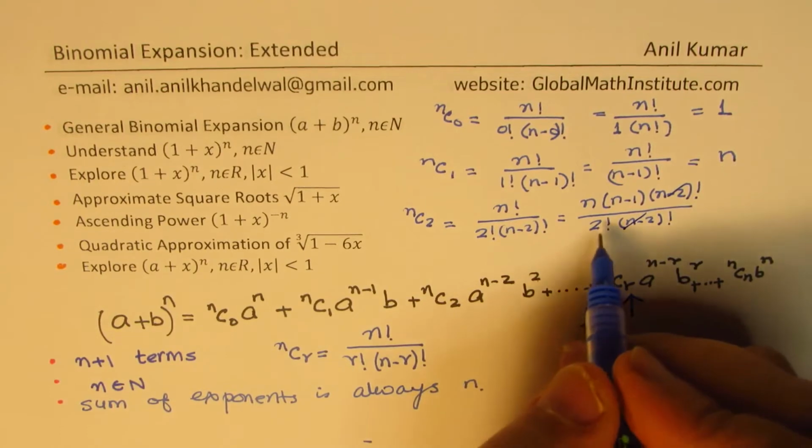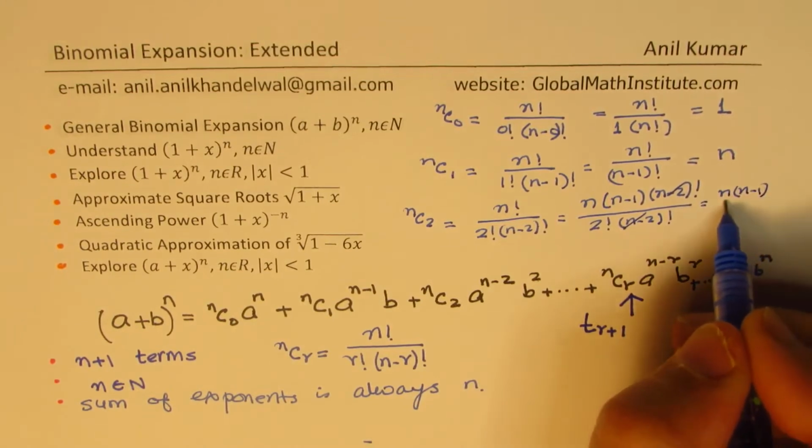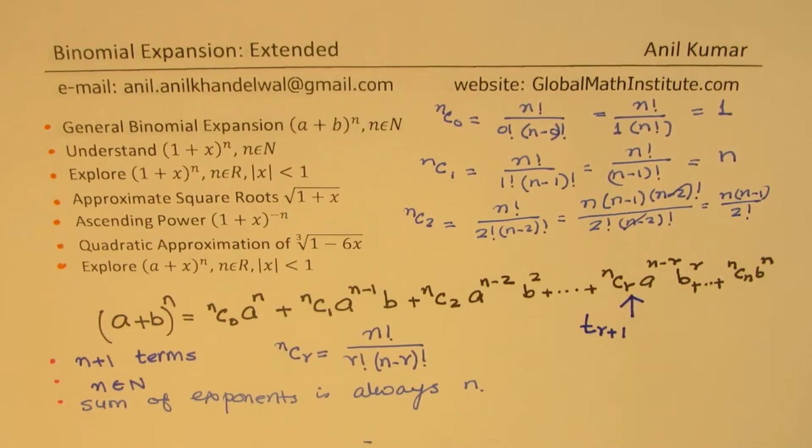So this cancels, and what remains is n(n - 1) over 2 factorial, correct? That is how you could simplify these terms and write them down.